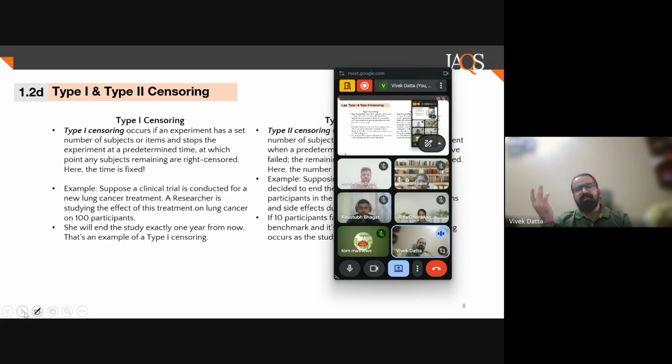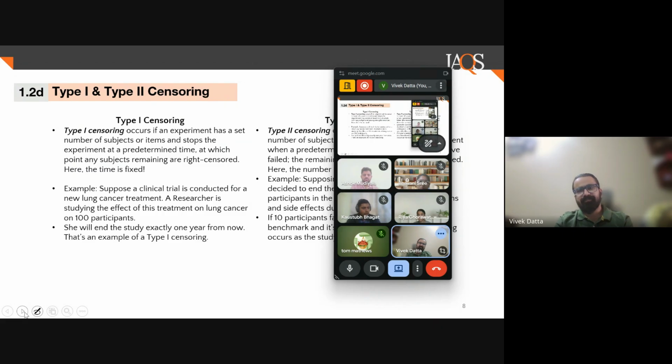The latter is an example of type 2 censoring. I have predetermined that if 50% of the people die as a result of taking my drug, which is supposed to save lives, then my drug isn't working. I need to restart or redo the drug, the components of it.